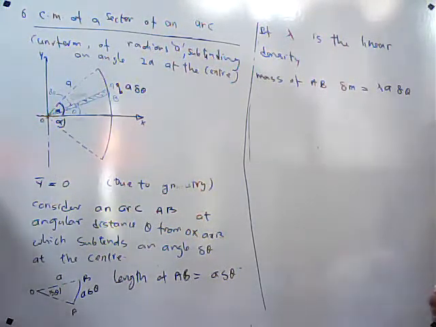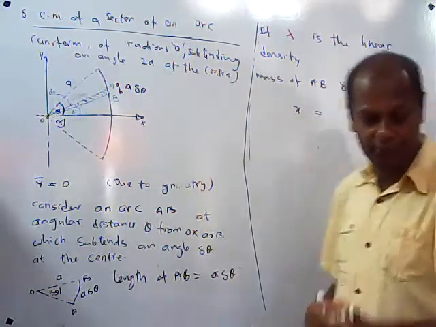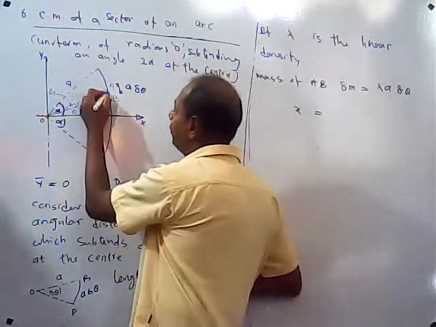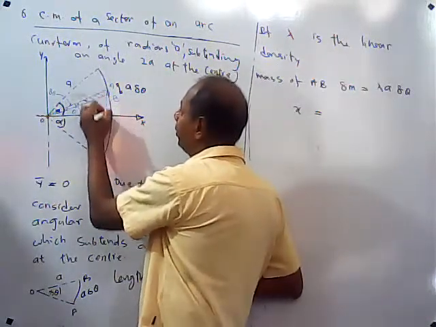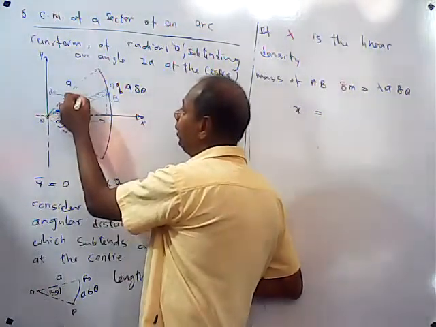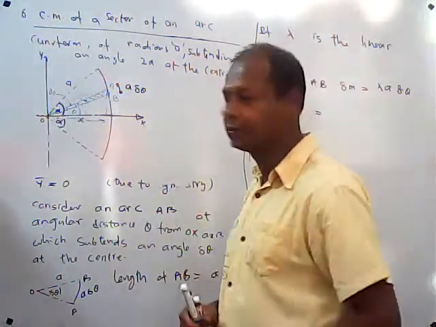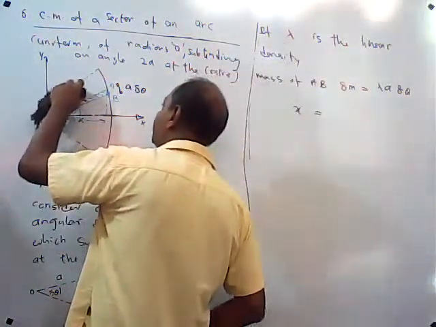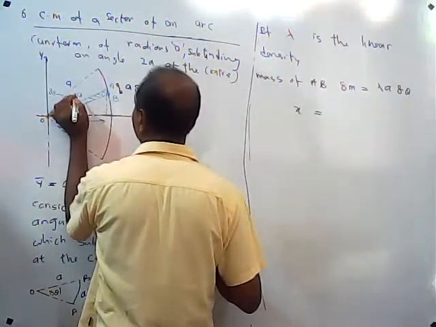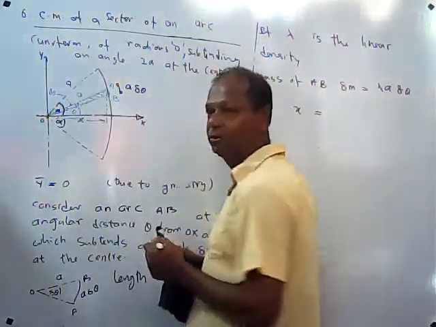What is x? For small delta theta, x will be equal to a cos theta. x can be taken as the center of mass of the small arc.